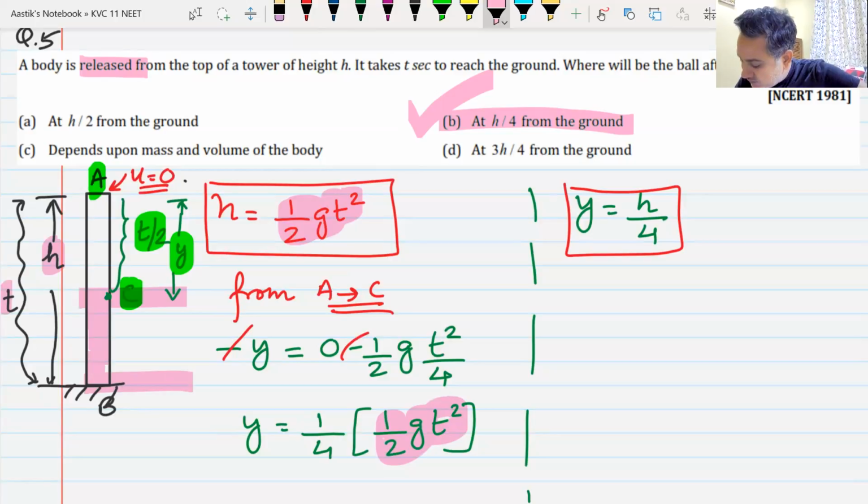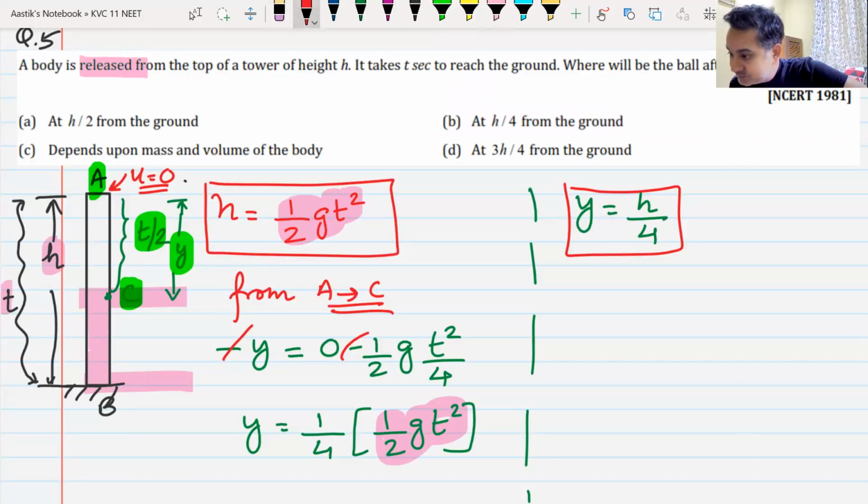What is the distance from the bottom of the tower? Or from the ground? H by 4 is the distance from the top of the tower. What is the distance from the ground?